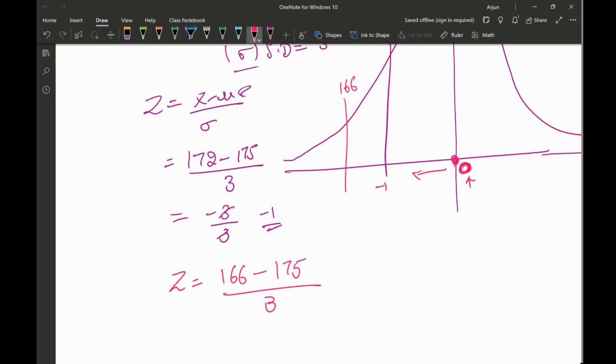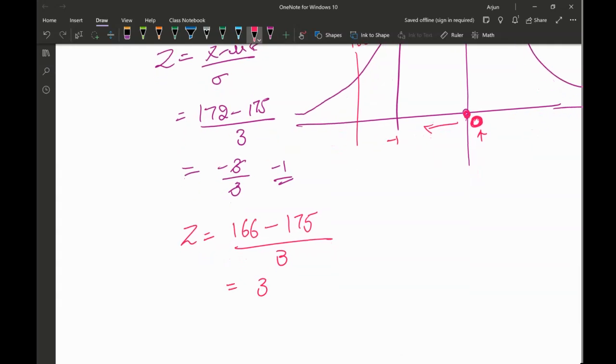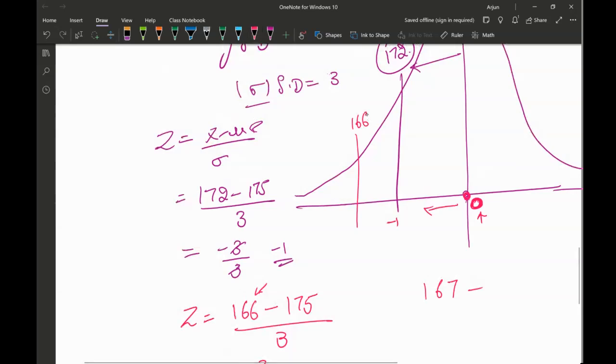If I do the math on my phone, 166 minus 175 divided by 3 comes out to be exactly 3 standard deviations. Actually, I should have taken some other number. I accidentally took a number that ended up giving me a whole number. So I'll take 167 instead. I'll erase this and make it 167.